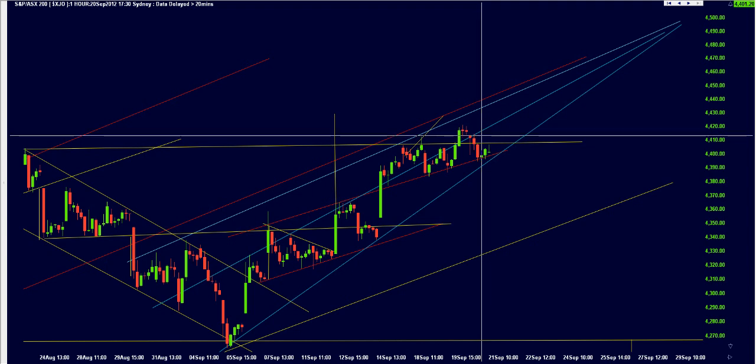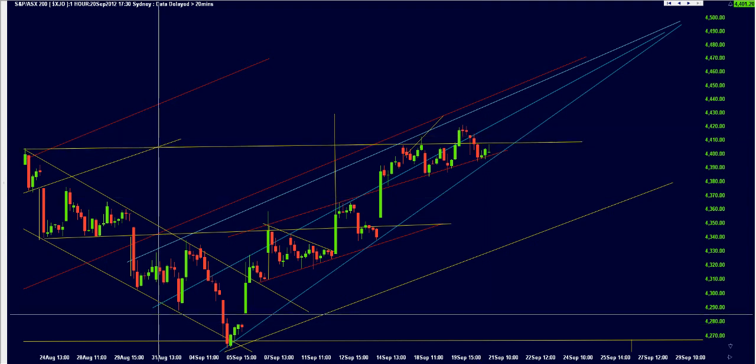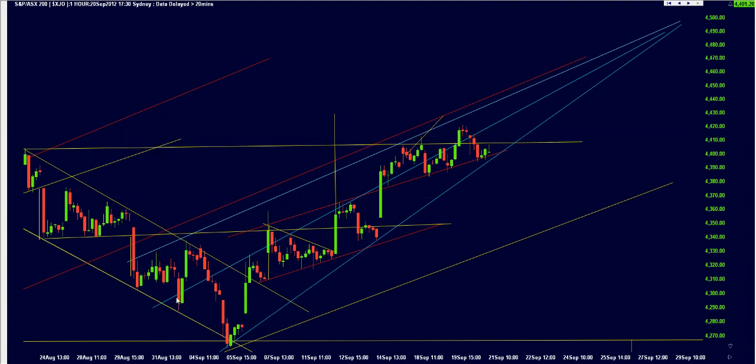Another tendency also that inverted head and shoulders patterns play out, just for the new subscribers, an inverted head and shoulders pattern is when you have a left shoulder here, a head, and then you round up with the right shoulder. Another nickname for it is a cup and handle pattern. What we do there is measure the depth of this pattern and add this on to where the market has broken out.